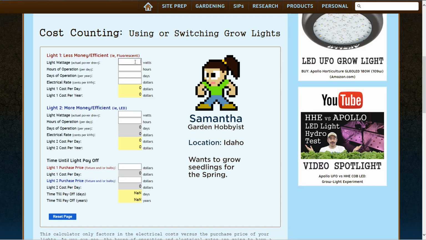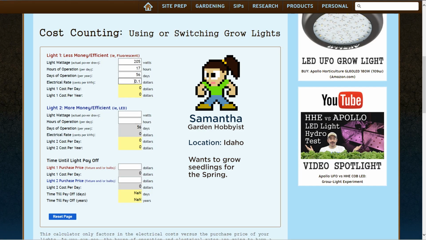She only plans on using her lights about 8 weeks each winter, so let's say 56 days per year. Each day they run for 17 hours. Her 4-bulb, 4-foot T5s actually draw 205 watts at the wall. Her electrical rates are really cheap in her state, only 10 cents per kilowatt hour.